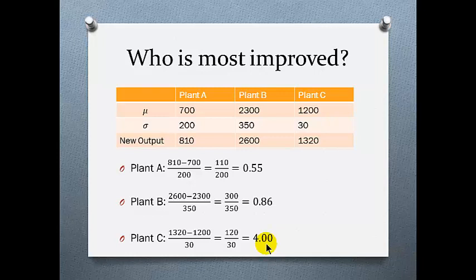This guy pulled off 4 standard deviations. He is in the top of the top. Plant Manager C is clearly doing a much better job with what he has in his plant. So that's one way we can compare what seem to be different situations by standardizing the measurement. How many standard deviations away are we from the mean?